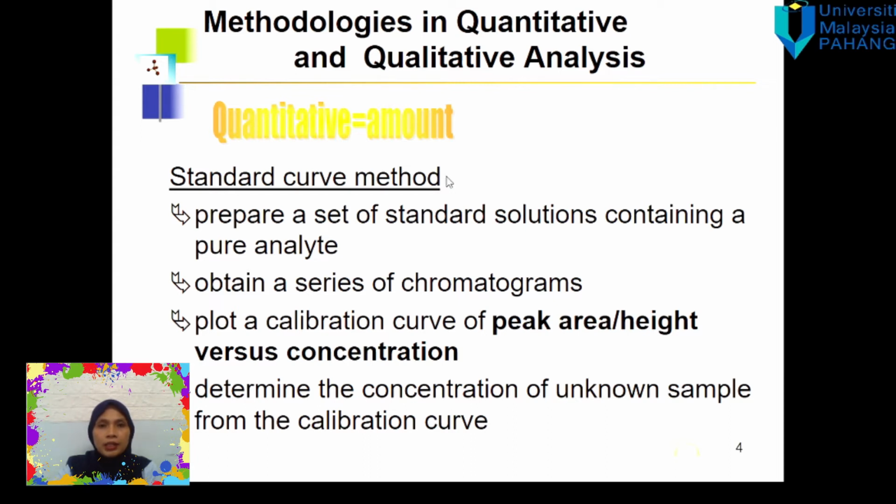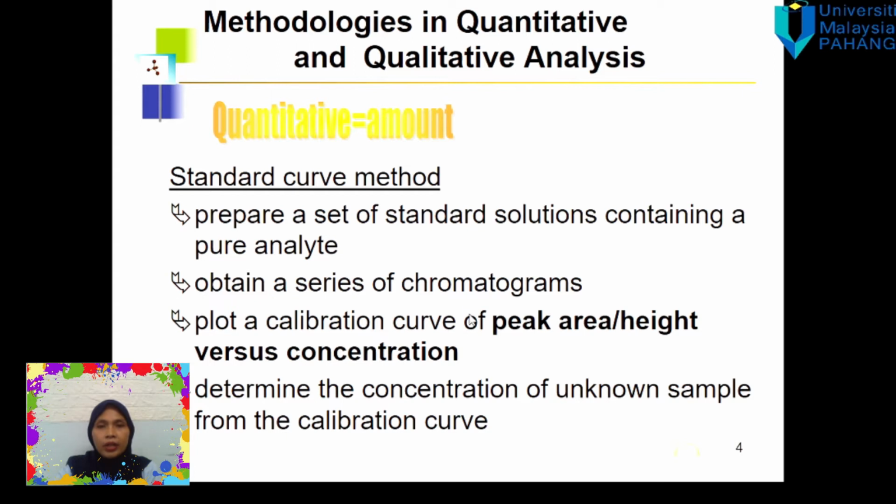So how can we determine the concentration of our analyte in the sample? We have to prepare a set of standard solutions containing a pure analyte. For example, just now I gave you caffeine. So caffeine will be prepared at different concentrations: 10 ppm, 20, 30, 40, 50, and different concentrations have different peak areas.